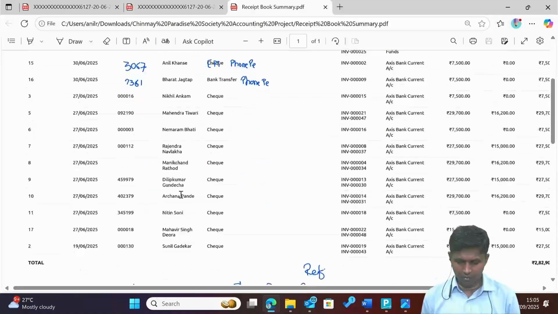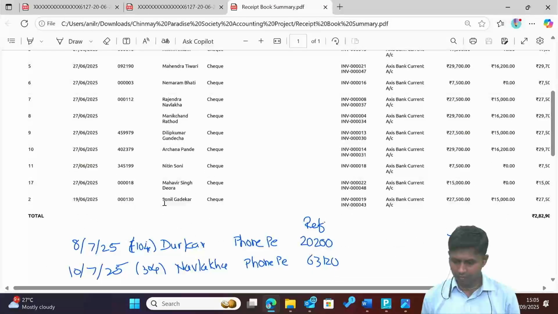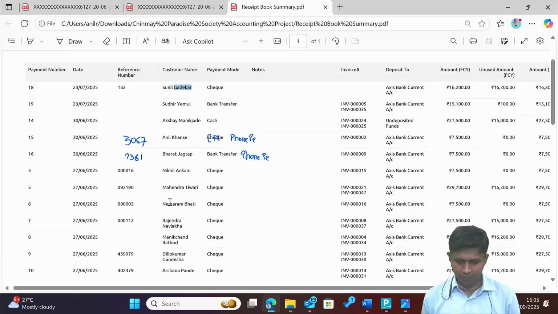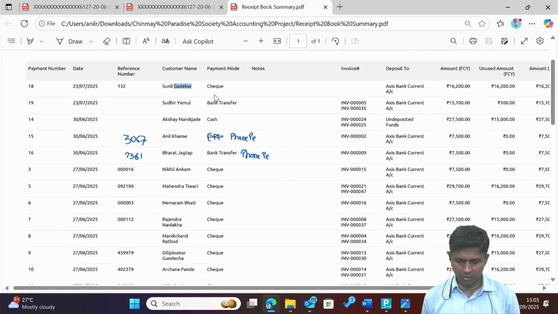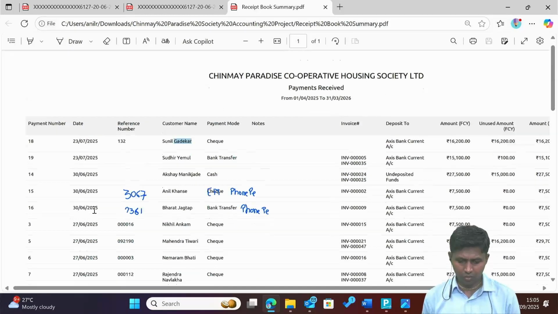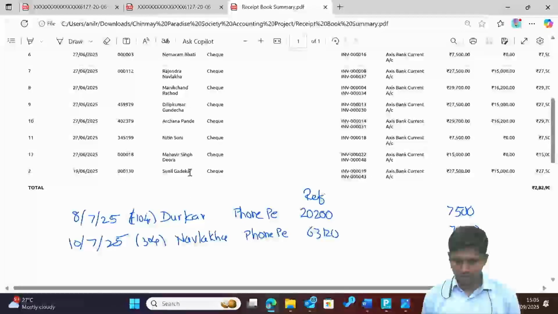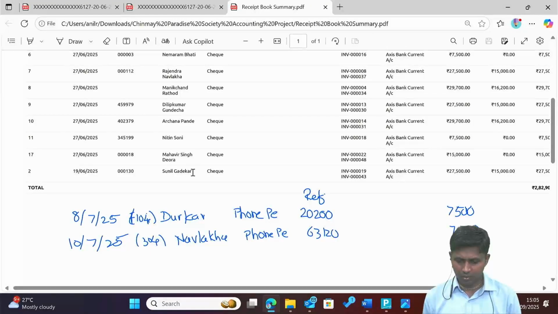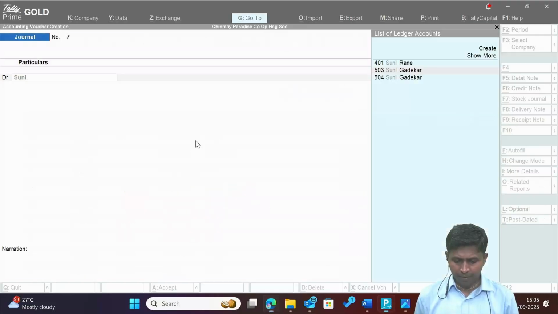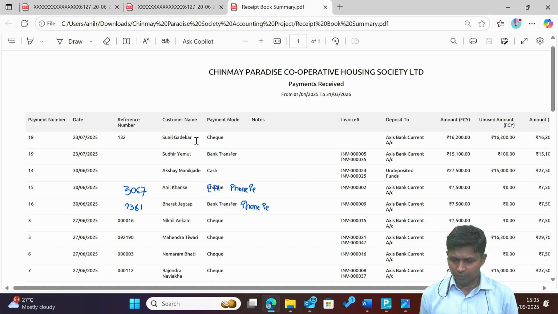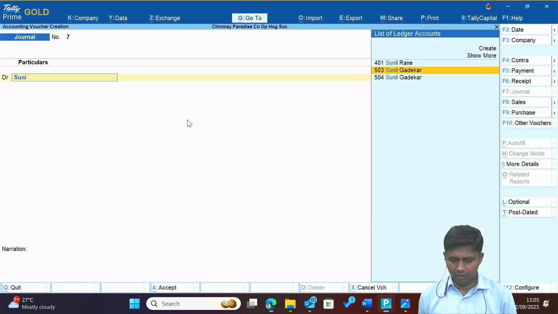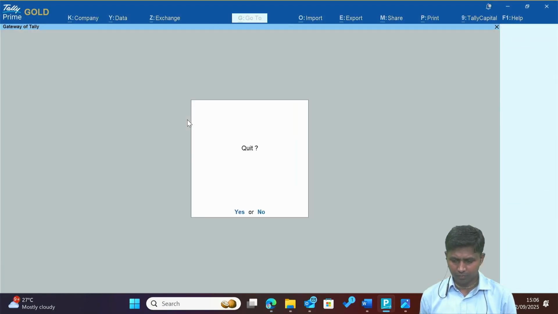Okay, here you will find 132, the check reference number, and then after that you will find 19th June. One flat is owned by him and another, I think, is given on rent. Now, let's check the ledger first.